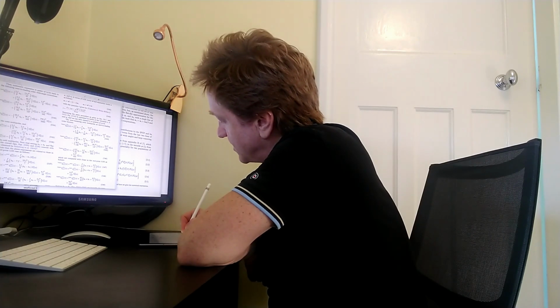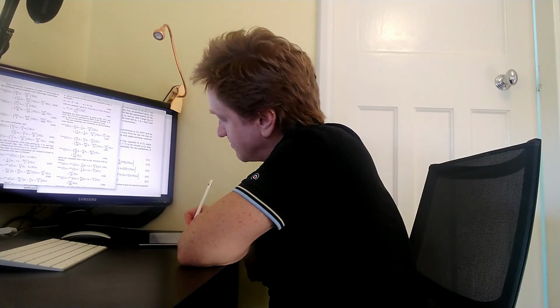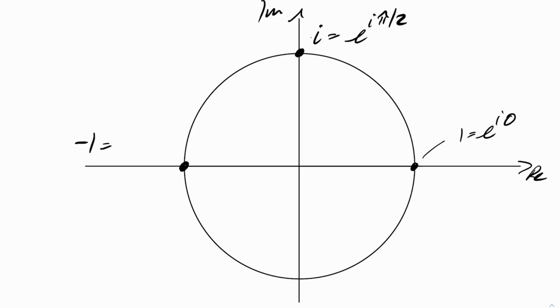Let's continue round the unit circle to minus 1, and that's got an argument of pi, and so I can write that minus 1 is e to the i pi. Similarly, minus i is e to the minus i pi by 2, because minus pi by 2 is the principal value of minus i. And remember that we can add on any multiple of 2 pi i to the complex argument.